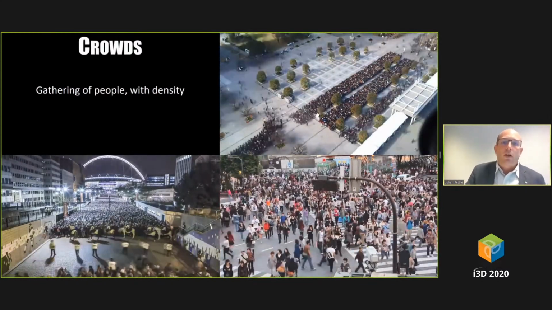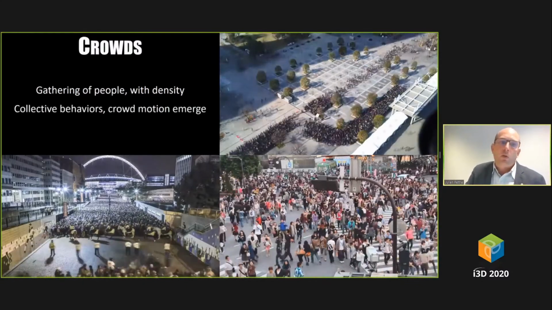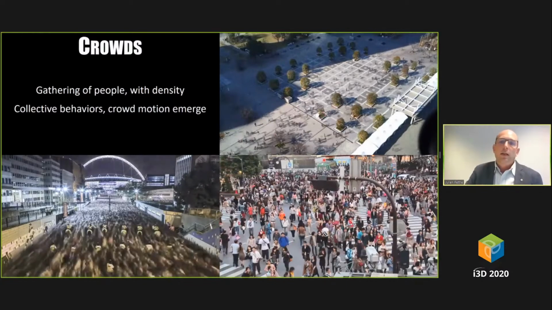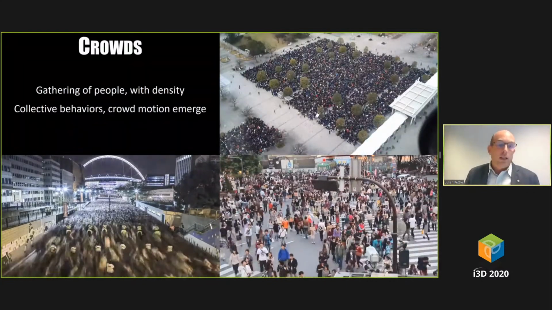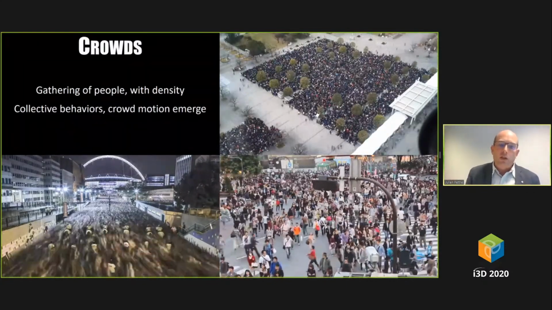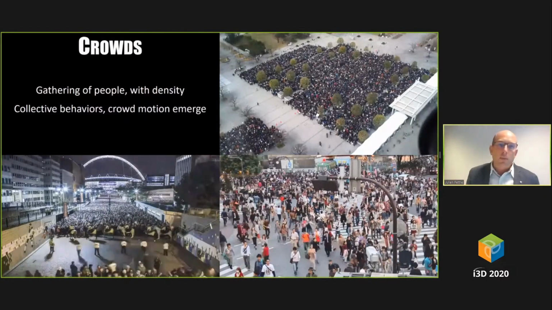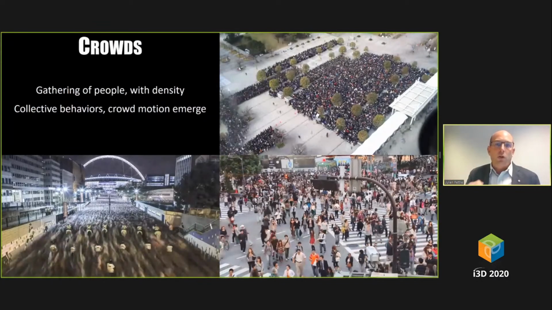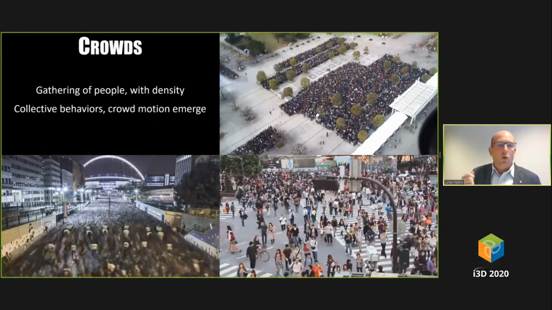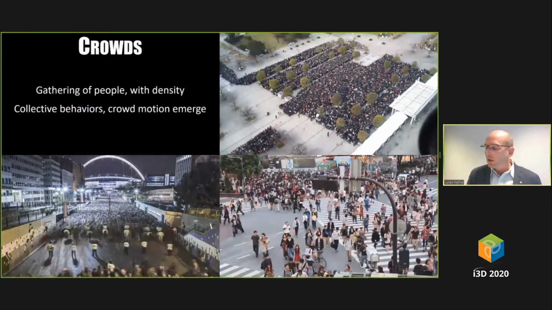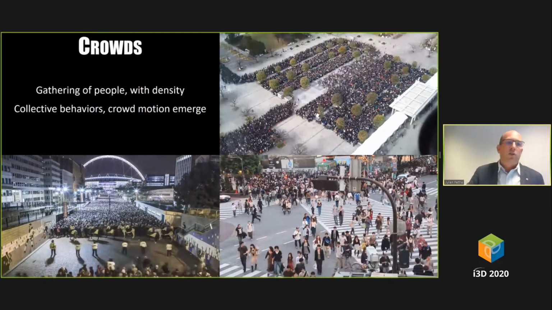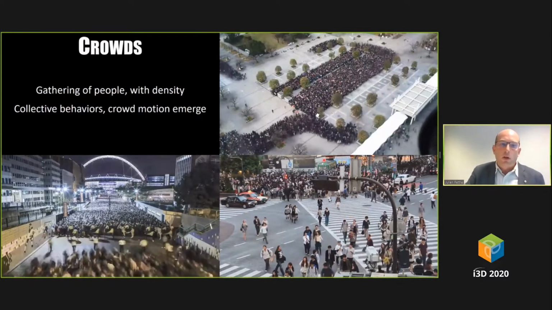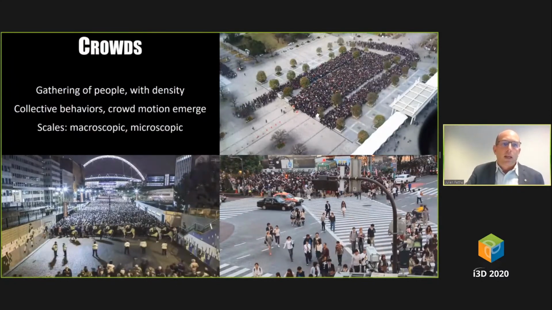What's quite specific as well is that a crowd is a place of collective behavior, which means that people act there individually and interact with their environment and with people around them, and the crowd motion emerges from the combination of all these local interactions and individual actions. This is what we call collective behaviors and emergent motion of the crowd.